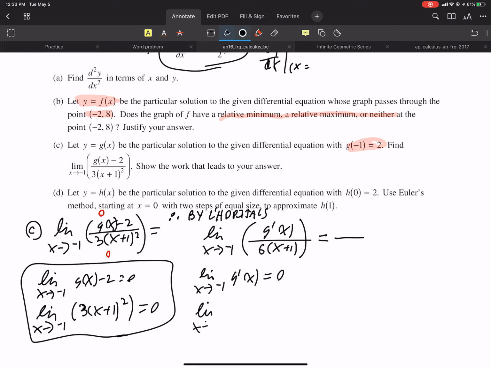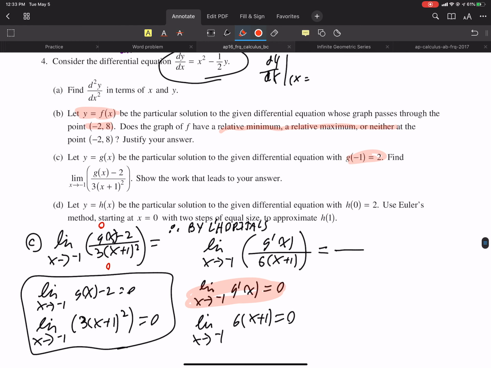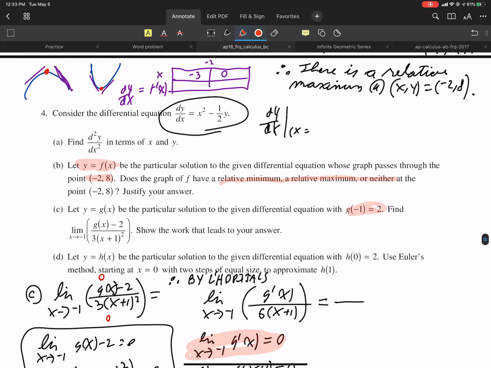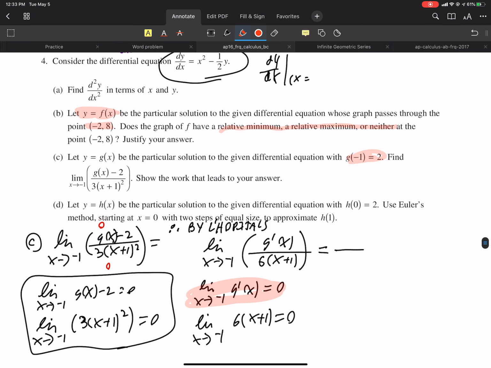The limit as x approaches -1 of 6x plus 1 is 0. Now, why is g prime of x 0 at -1? Honestly, I am not sure at this point. Let me think about it and figure that out.